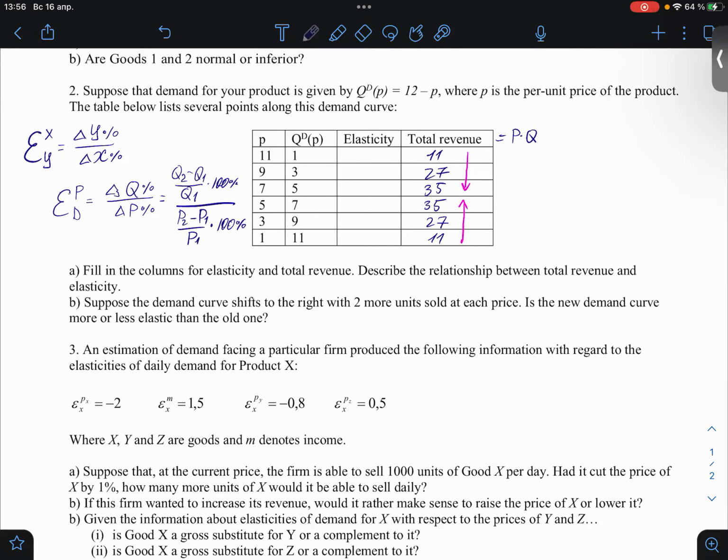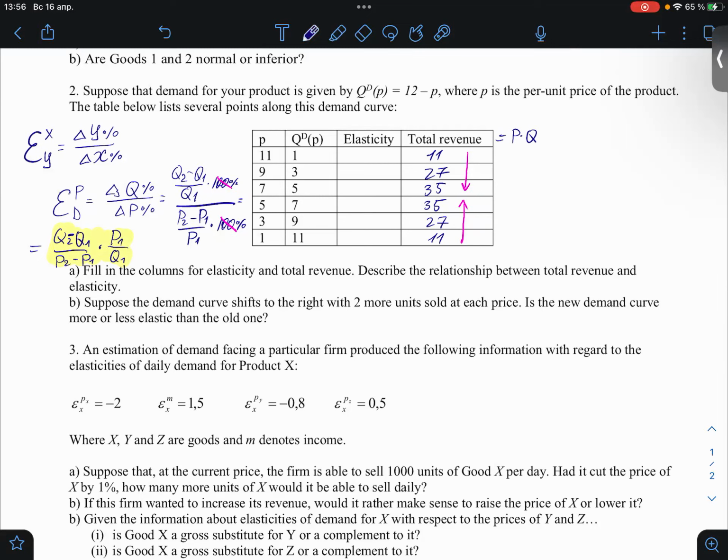We can divide everything by 100 and revert, and write down: this is the change in quantity demanded over the change in price without percents, multiplied by the first price over the first quantity demanded. So, by this definition, we will count elasticity.